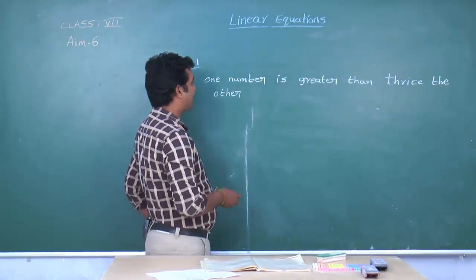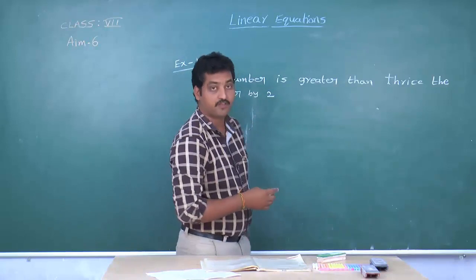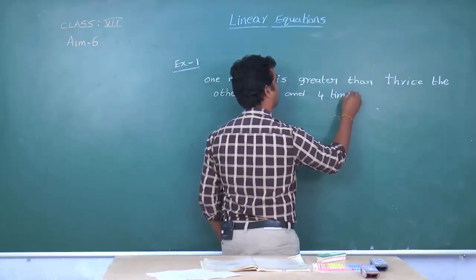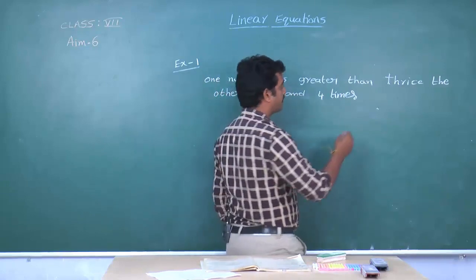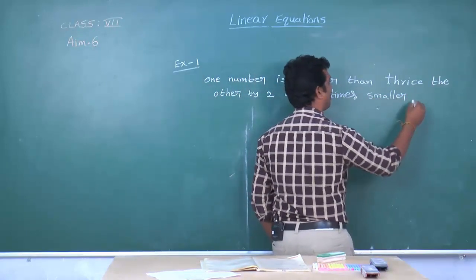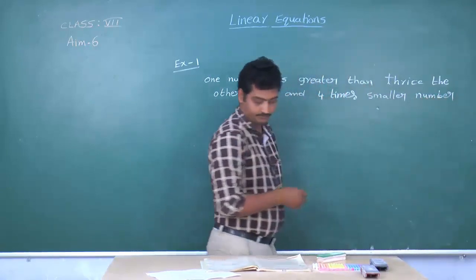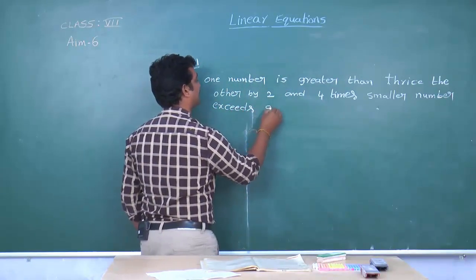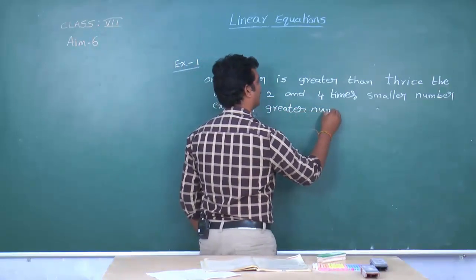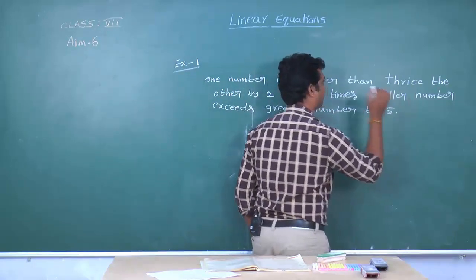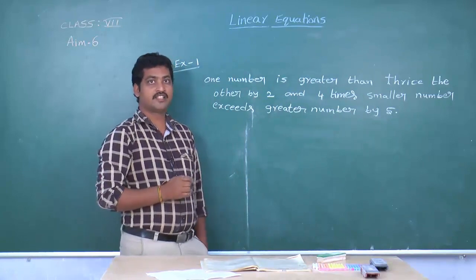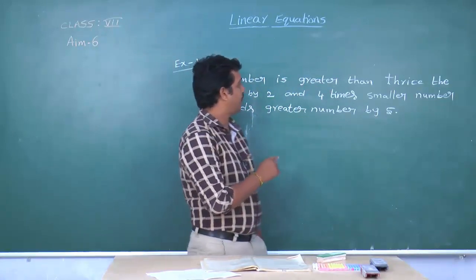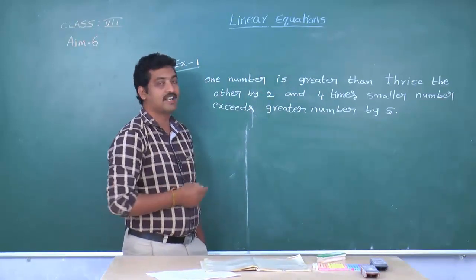First let me write the total problem. One number is greater than thrice the other number by 2, and 4 times the smaller number exceeds the greater number by 5.